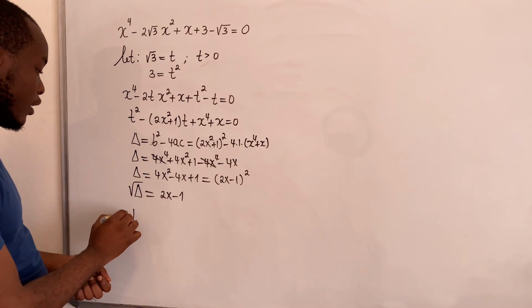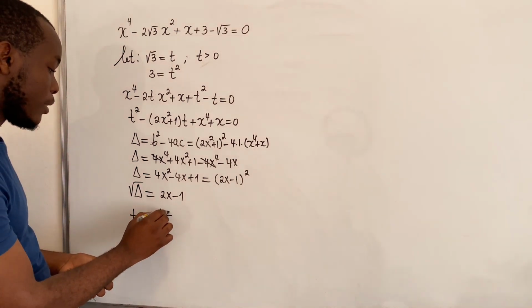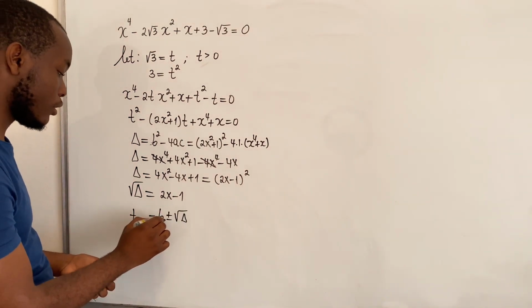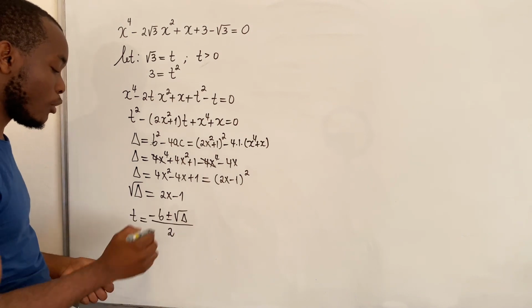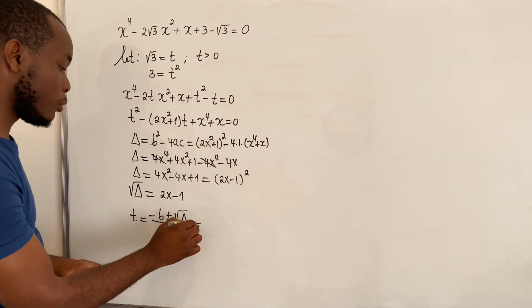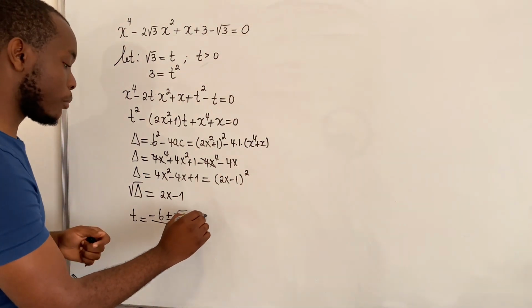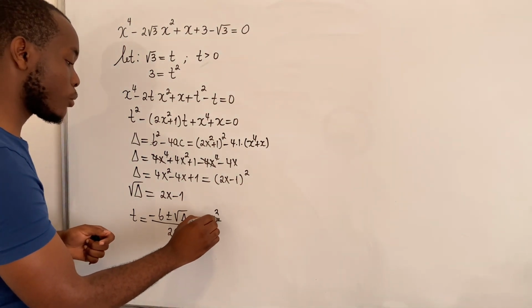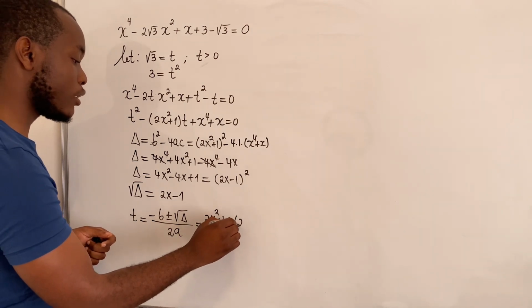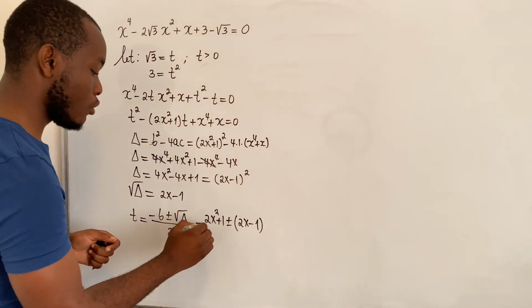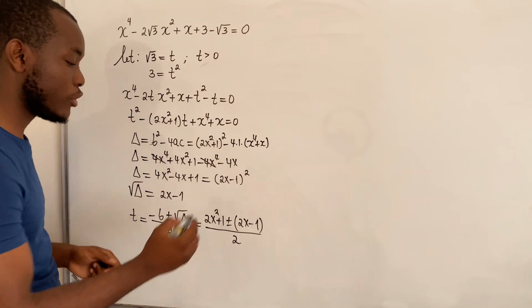So we're going to have that t will be minus b plus or minus square root of delta over 2a, which will be equal, this minus and this minus will cancel out, becoming positive, so it will be 2x squared plus 1 plus or minus 2x minus 1 over 2 times 1, which is 2.